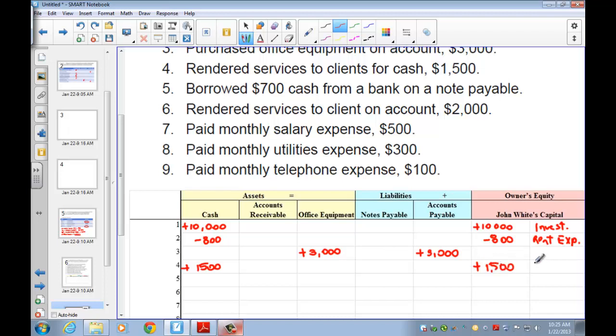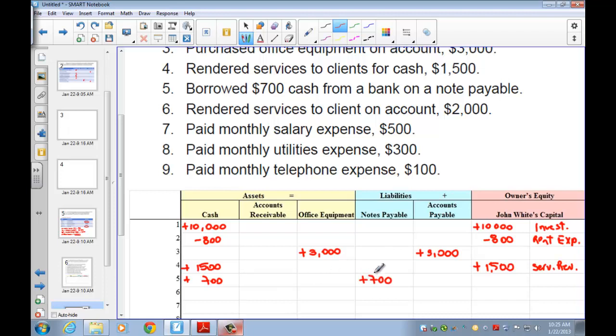And this is service revenue. Okay, so we have transaction number 5. He borrowed $700 cash from a bank on a note payable. So that $700 will increase his cash by $700, but it will also increase his notes payable by $700.